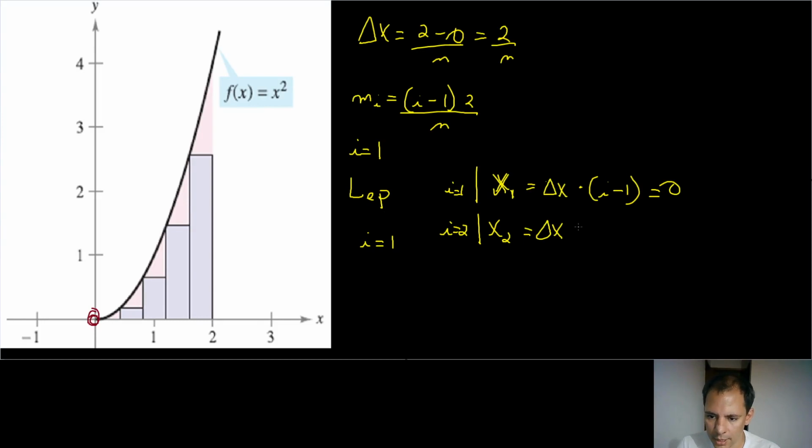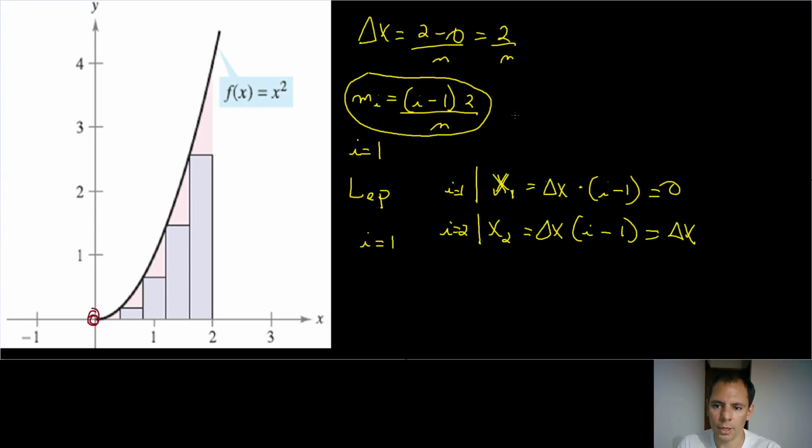Now in here you're going to have also delta x times I minus 1, but in this case I is 2, so 2 minus 1, 1 times delta x. This is the left-hand point. This formula right here is going to be generic. It's always this formula for the left-hand point.